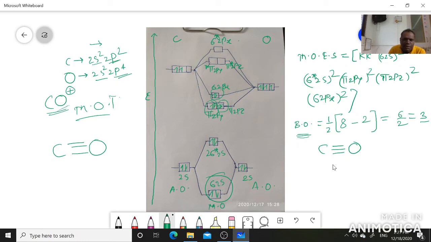Since there is a positive charge, the bond order should decrease and the bond length should increase. A decrease in bond order from 3 should give 2.5, and the bond length should increase by rule.